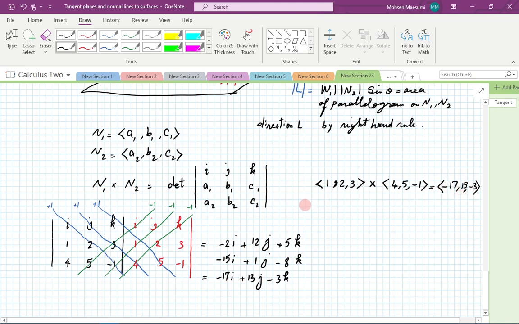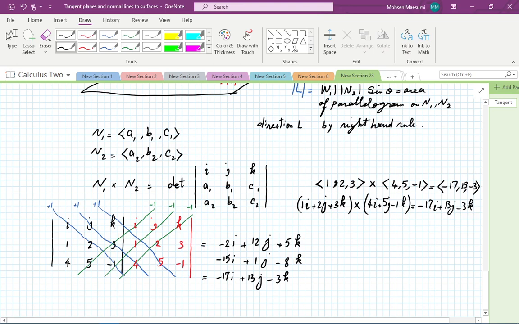If you want to write them with ijk's, 1i, 2j, 3k, cross with 4i, 5j, -1k, they would write this as just -k. -17i plus 13j minus 3k.